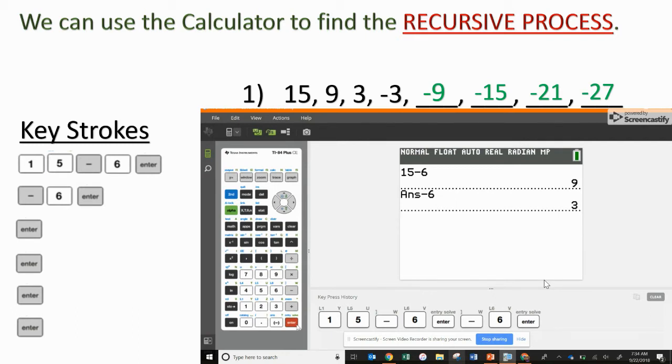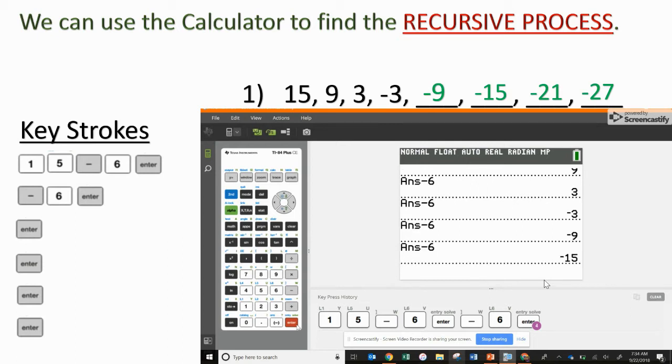And at this point, we just have a pattern. It's actually a recursive pattern. And so we can just hit enter to find the fourth term that they gave us. To find the fifth term, we hit enter. It's subtracting 6 again. We get negative 9. And in the next term of the sequence, we hit enter. It's negative 15. And then we hit enter to do the common difference again to get the seventh term, negative 21.